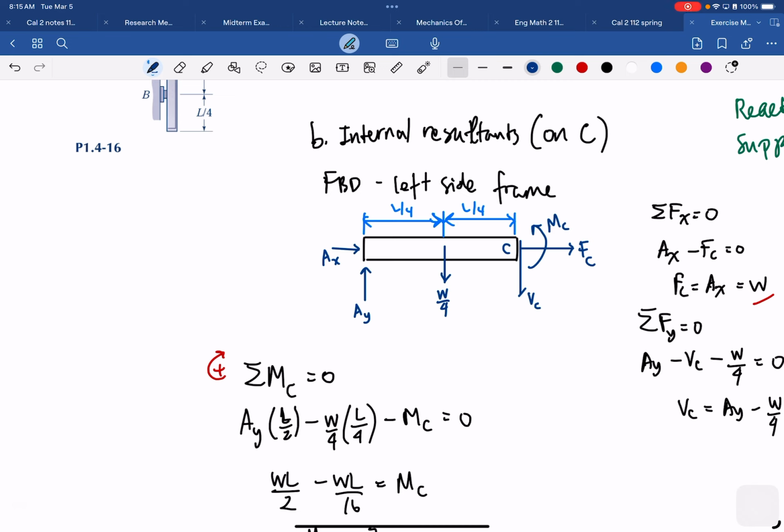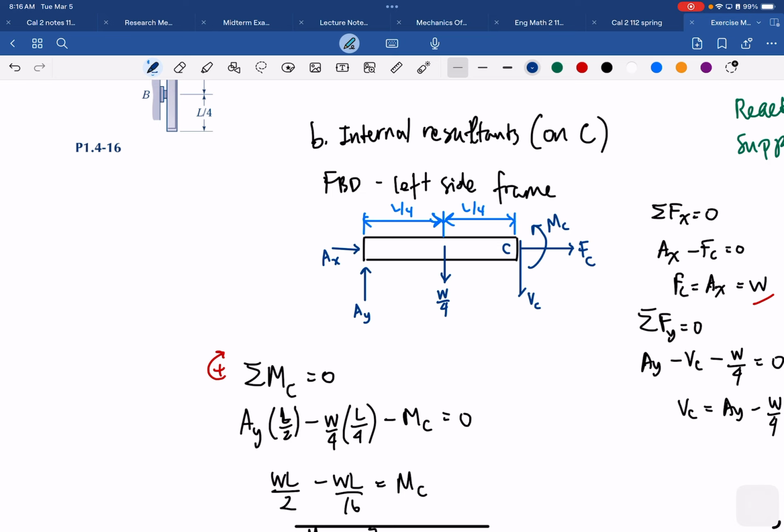We draw the new one, and since we have this AY from the previous question, we can use this value to compute the internal resultants: the moment at C, the axial force at C, and the shear force at C. You just need to take the sum of moments at C equals 0, bring everything out, and calculate the moment.